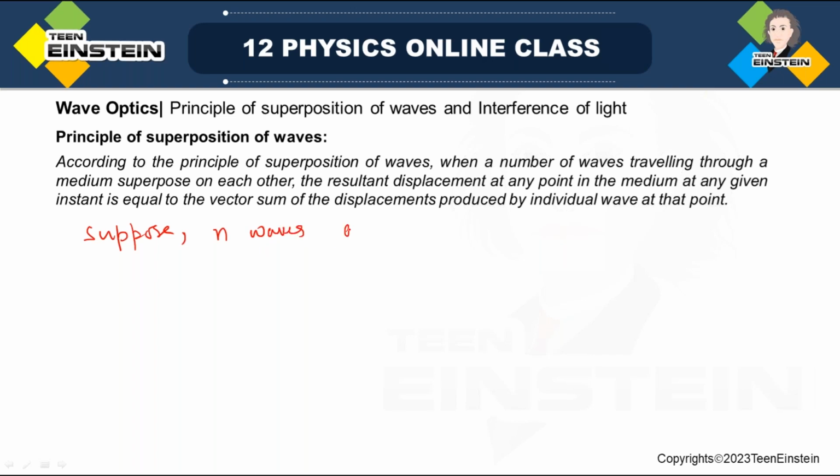N waves are superposing or meeting. Meeting means they are just falling at the same place, at any instant of time. This is called superposition. This is called meeting, whatever you say, and we'll see a special term of superposition, which is interference. Okay, we'll see that.